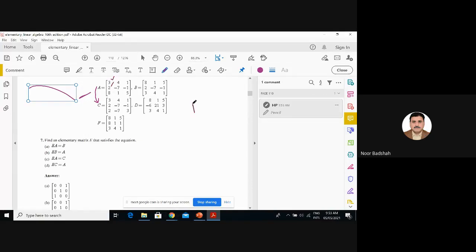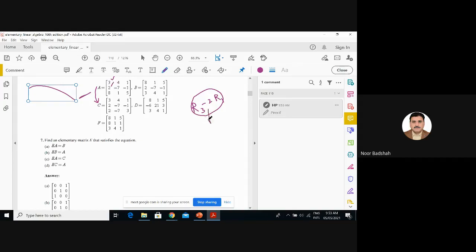So if you apply the operation row number 3 minus 2 times row number 1, what would happen? 8 minus 6, that is 2. 1 minus 8 is minus 7. And 5 minus 2 is 3. This is the operation applied on matrix A to get C.